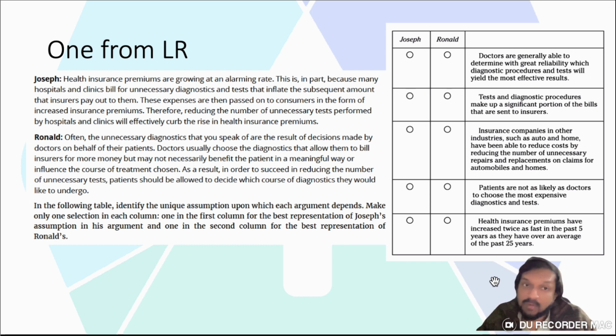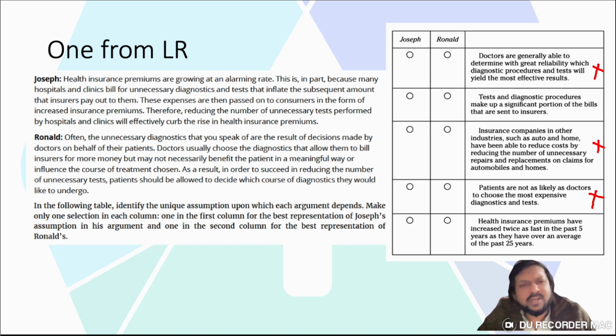So for Joseph, I can easily throw out this answer, that is doctors and anything to do with doctors, because he never talks about doctors, really. So therefore, we are not really worried about doctors here. Now, he is talking about health insurance premium. He is not comparing it with any other type of insurance companies, etc. So therefore, other industries we can definitely throw out.